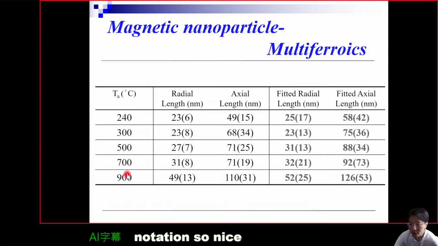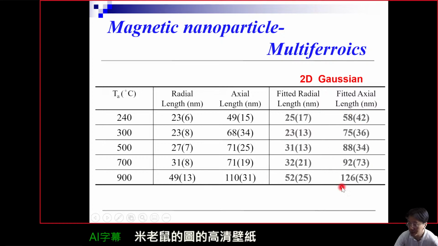So this is the anneal temperature against the radial length and axial length. But for more accuracy, we fit it with the 2D Gaussian. So we also got another number here. So this is the fitted radial length and the fitted axial length. This is the result for the 2D Gaussian fit, and this is the distribution of the obtained particles.